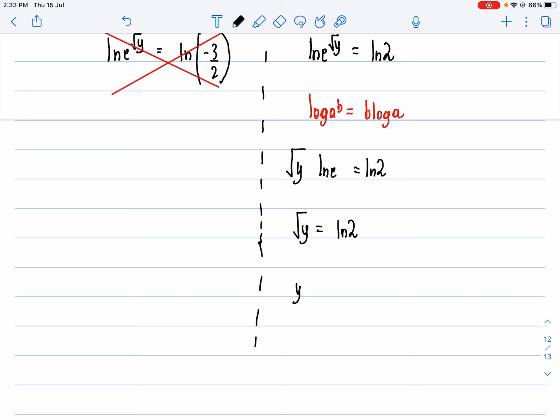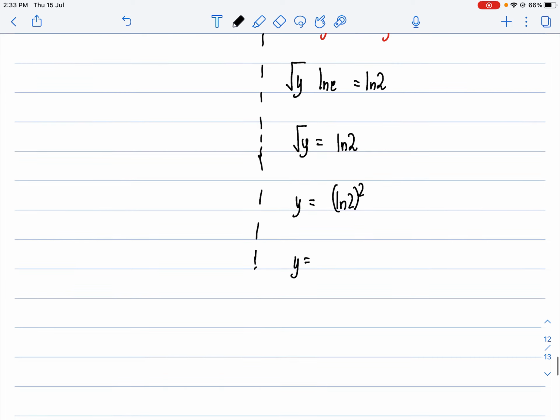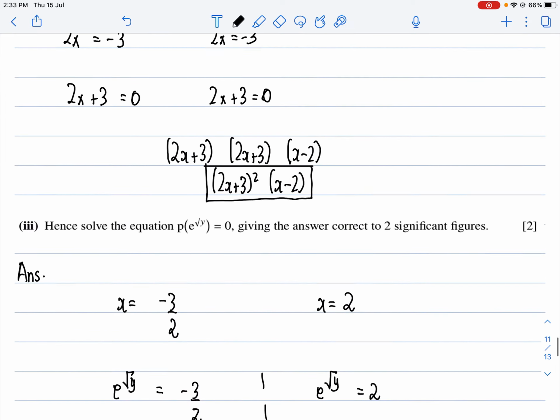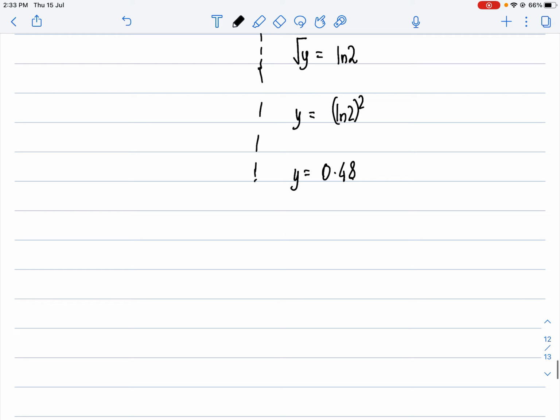So I get my y basically as (ln 2) the whole square, which gives me my y as, on the calculator, when I do (ln 2) the whole square, I get my answer as 0.48. I need to write my answer to two significant figures. So yeah, y equals 0.48 is my final answer.